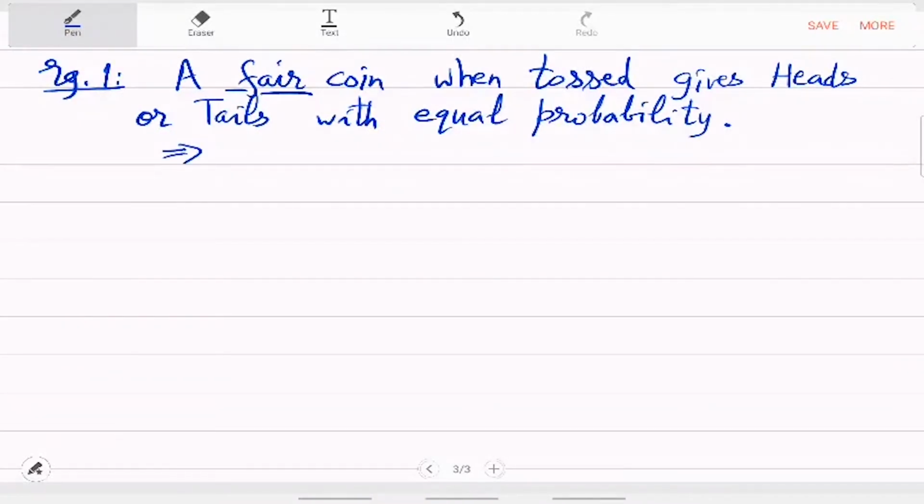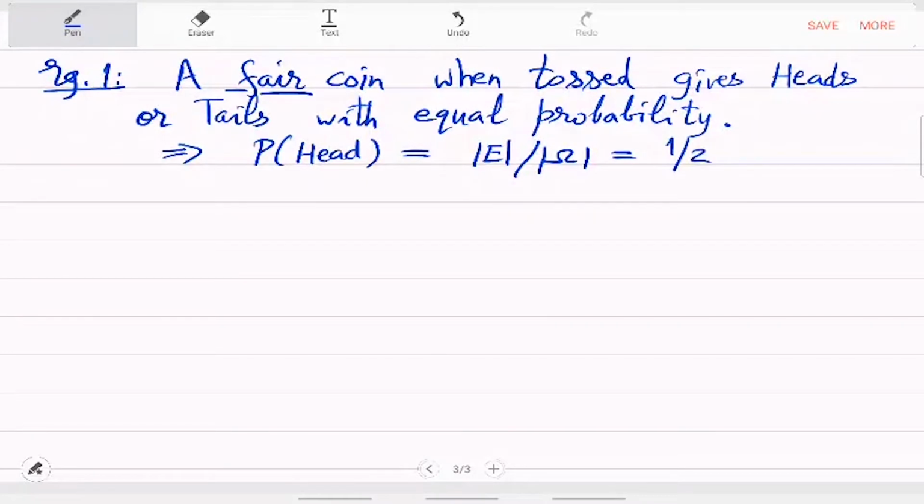Which means that since there are only two possibilities, and say you want heads, the probability of heads in the experiment where you have flipped a single fair coin, which is also called an unbiased coin, will be E over omega, which is 1 over 2.